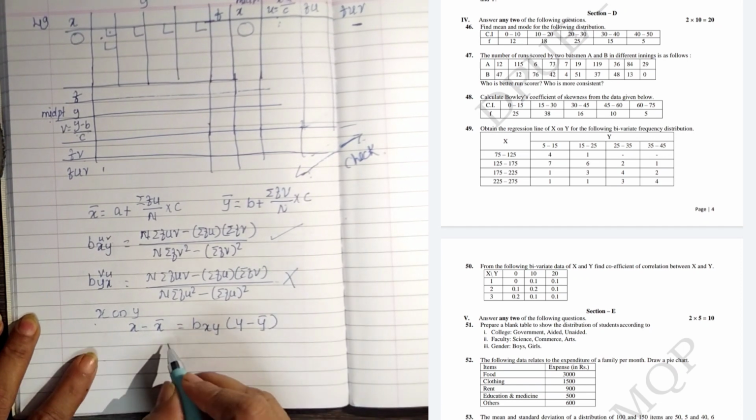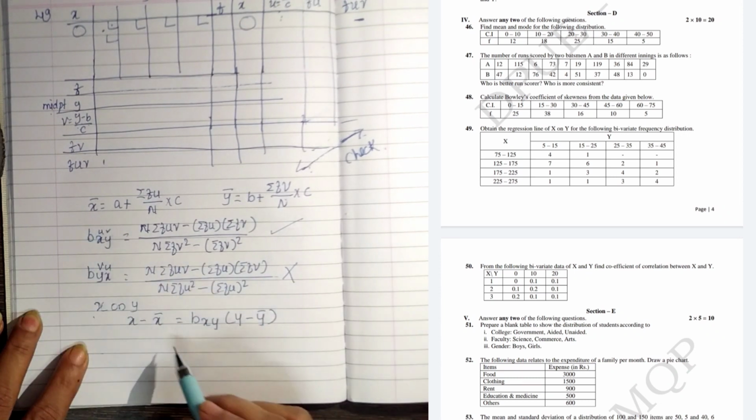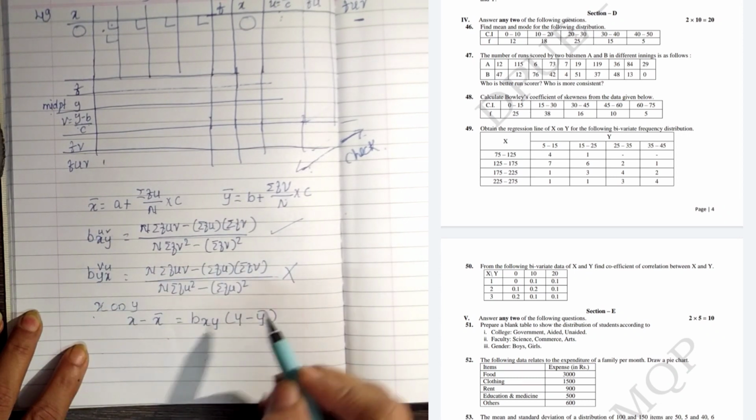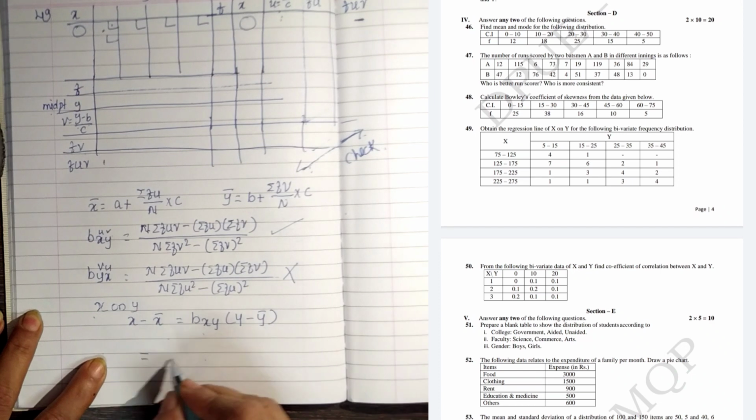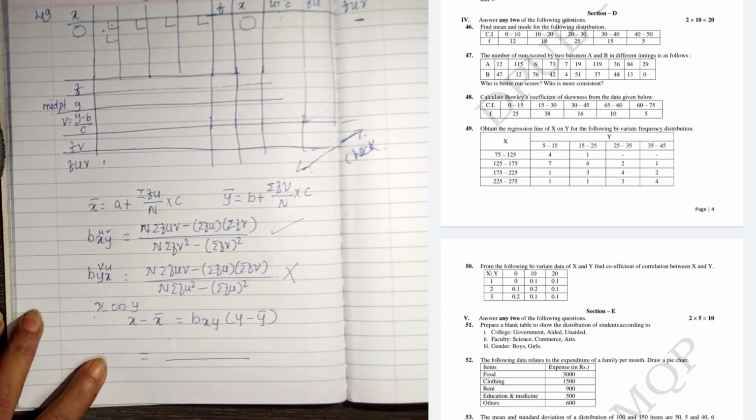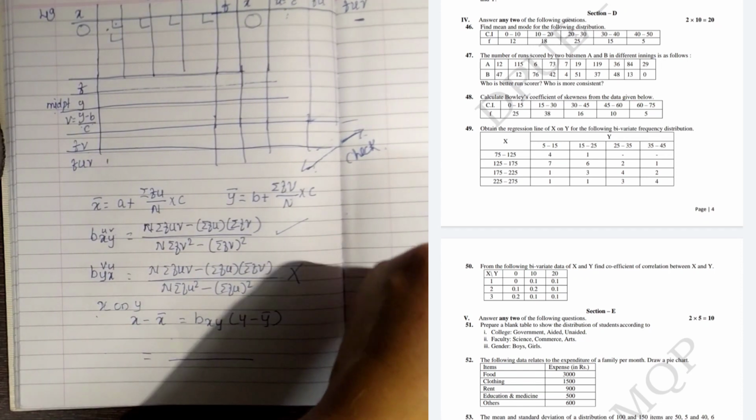Just substitute the x bar value, bxy value and y bar value, and you get one equation. This is how you calculate. This fourth question, the 49th, is over. Next is the 50th question.